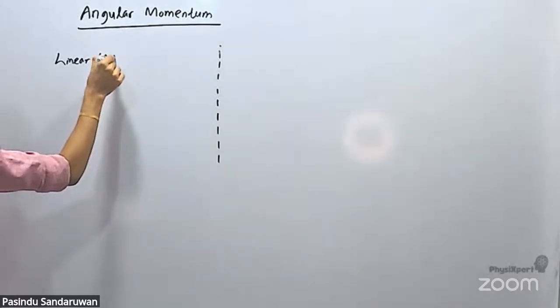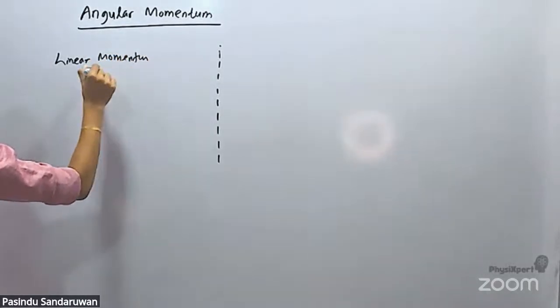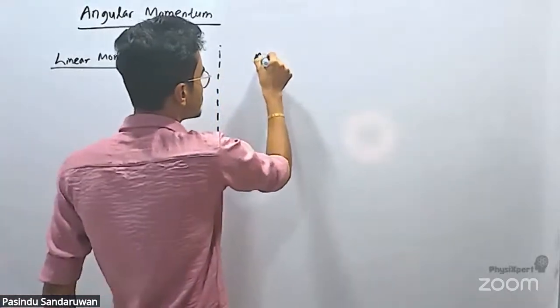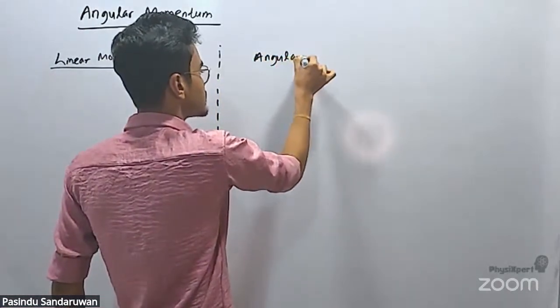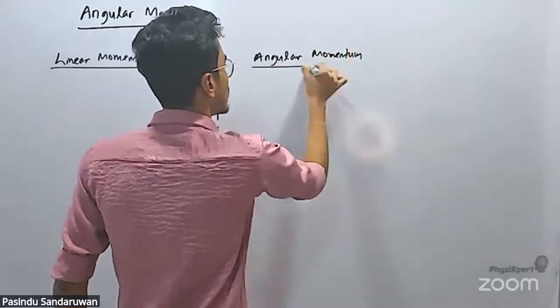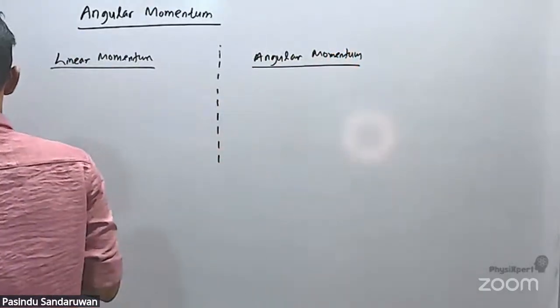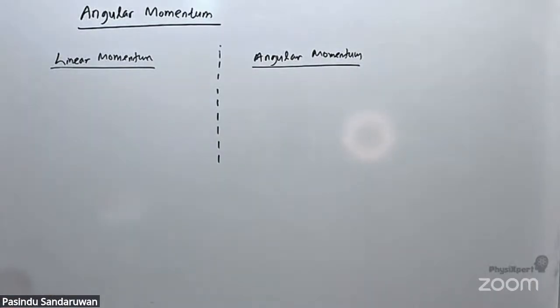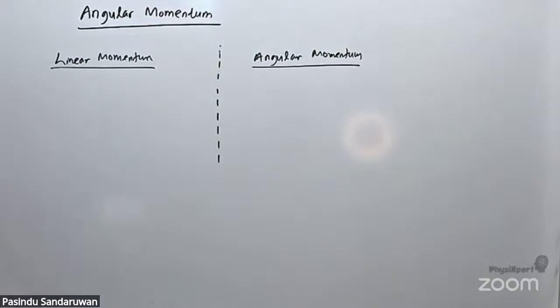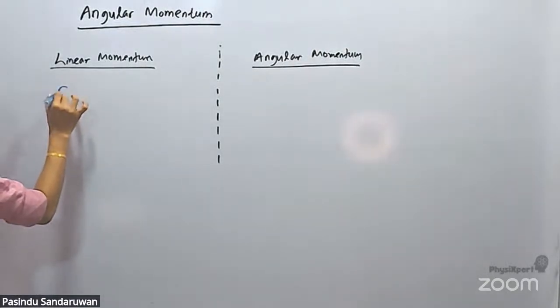Linear momentum for the comparison purpose. And on this side I'll be writing angular momentum for the comparison. About linear momentum, we discussed around 3 months back. Linear momentum is proved like this. We know F equals ma.